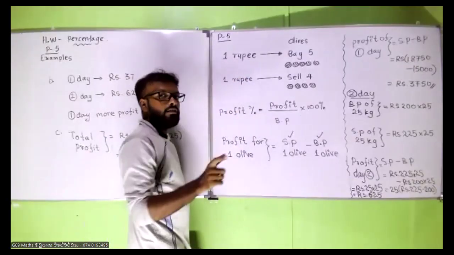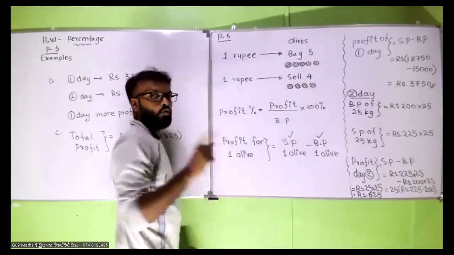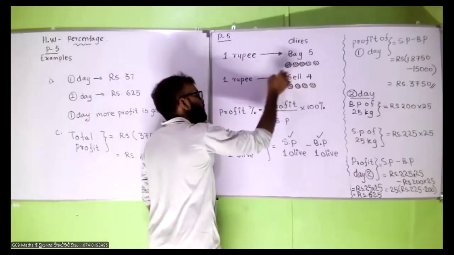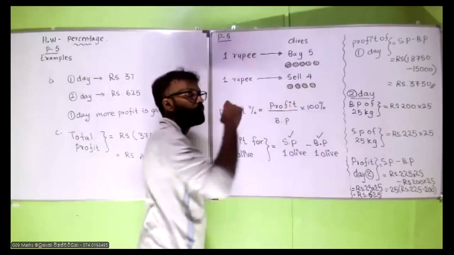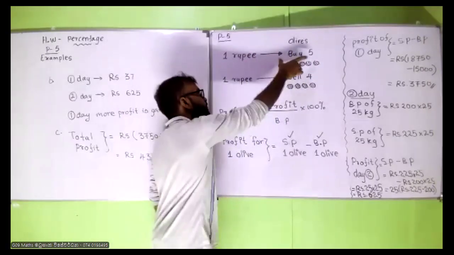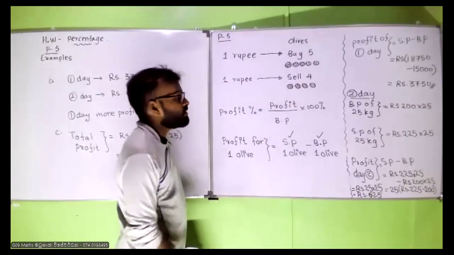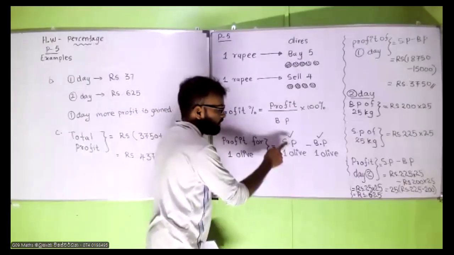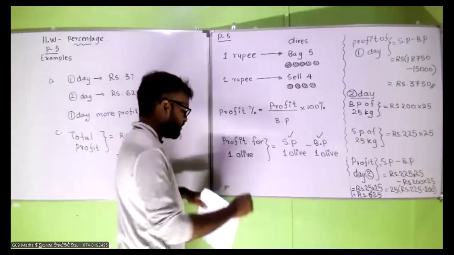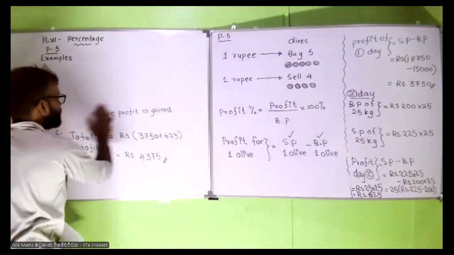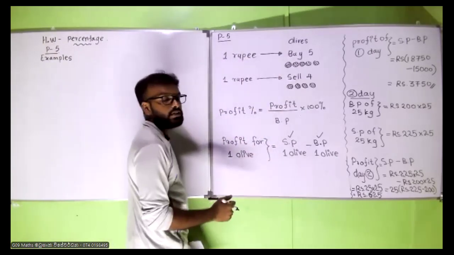Why is that? Because they have given the prices of 5 olives. The buying price of 5 olives is 1 rupee. The selling price of 4 olives is 1 rupee. Now we are going to find the selling price of 1 olive and the buying price of 1 olive. So we have to use this.